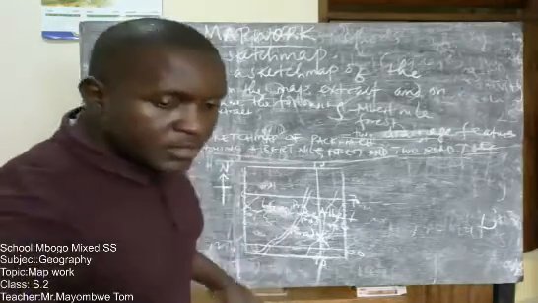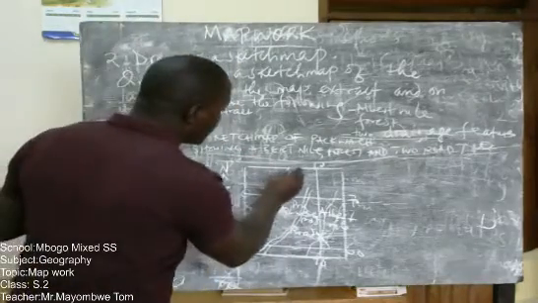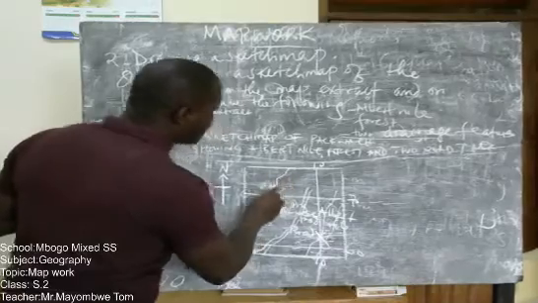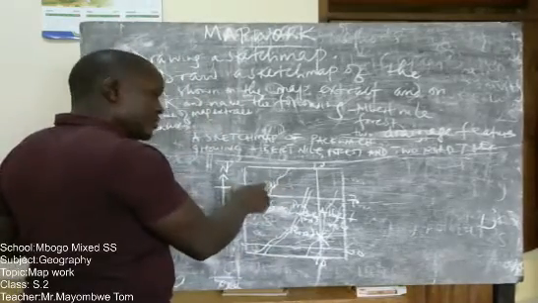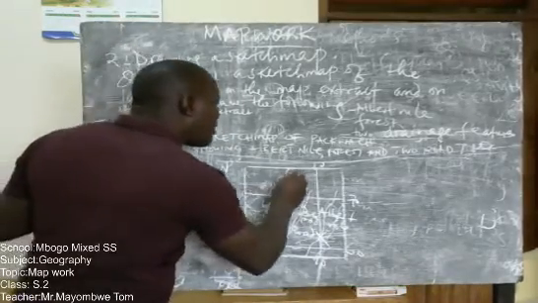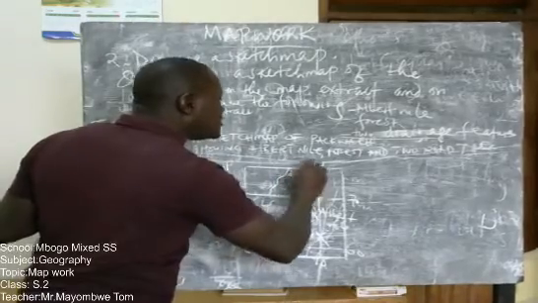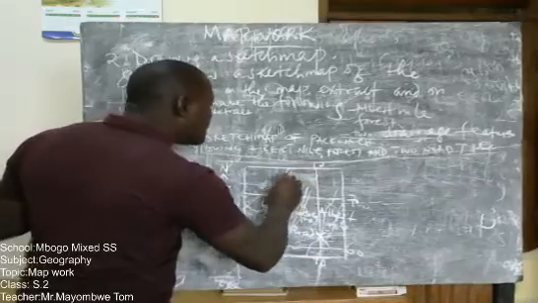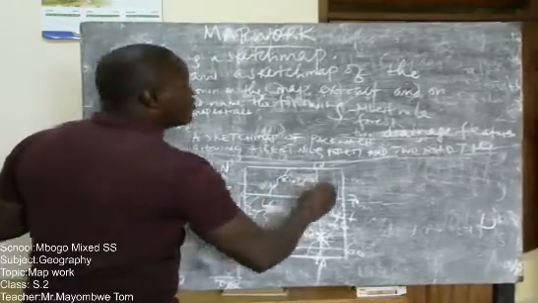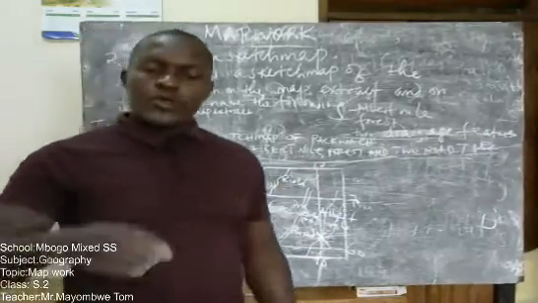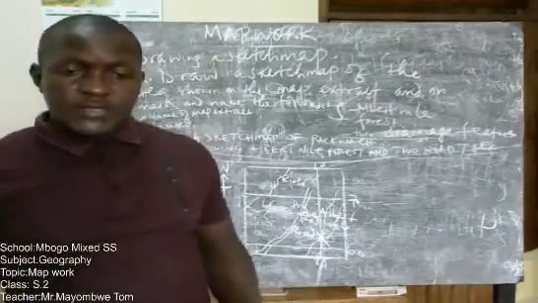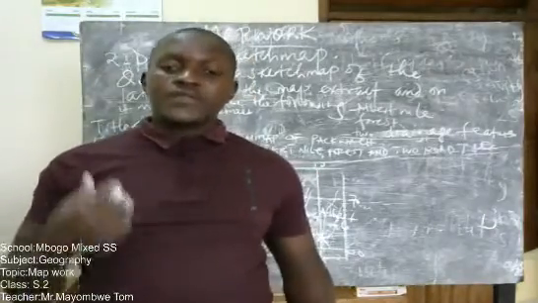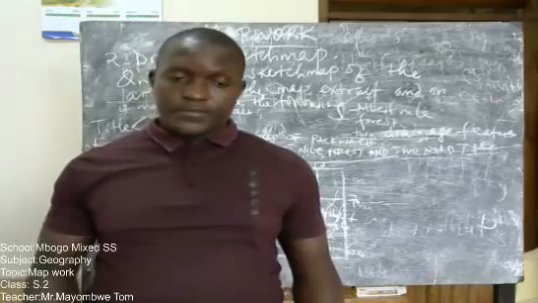So, when you are indicating these drainage features, assuming this is a river, when you are naming this feature, don't come and write here drainage feature, 0. What is the name of this drainage feature? River. So when we are naming these features, we write the specific names of the features.